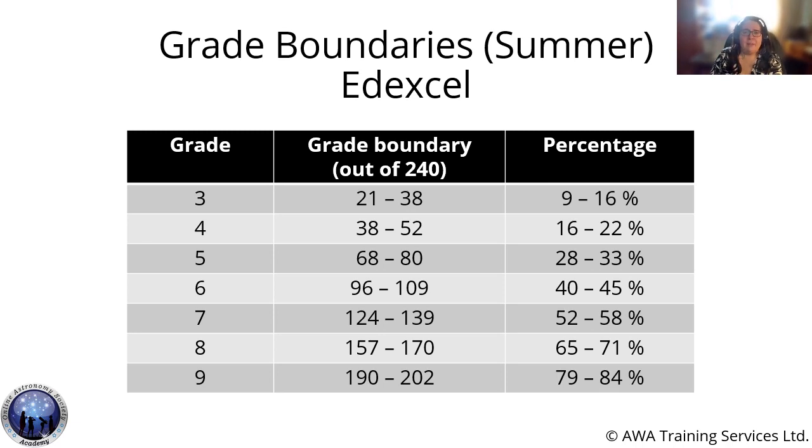For a grade 7, you need about 55%, so just over half of all the marks. And for a grade 9, you only need about 80%, 82, 83% normally. So you don't need to know everything, and you don't need to be able to do absolutely everything to get a grade 9. So it's certainly possible.